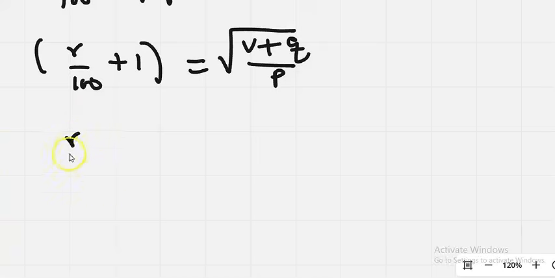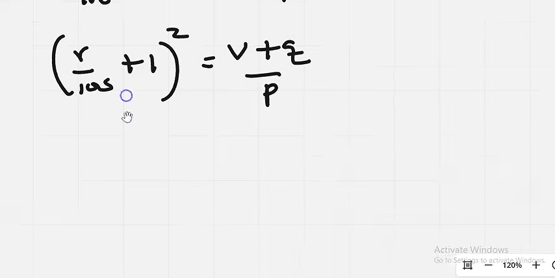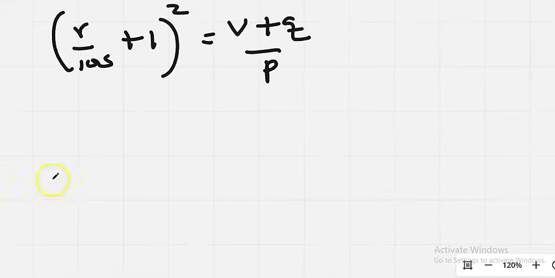R over 100 plus 1, all squared, equals (V plus Q) over P. So multiply both sides by P. Since we have V in this equation, what we are trying to do is make V the subject of formula and compare to the equation we generated.